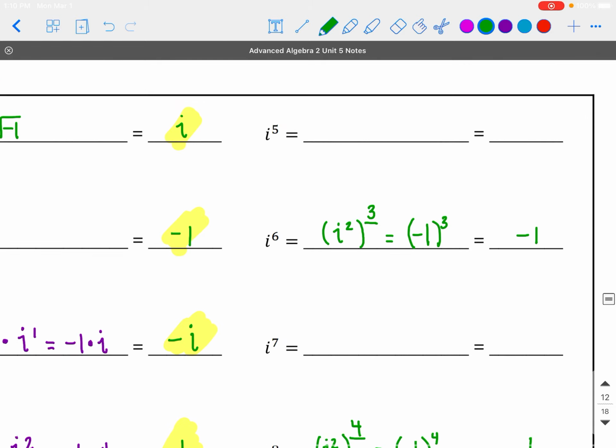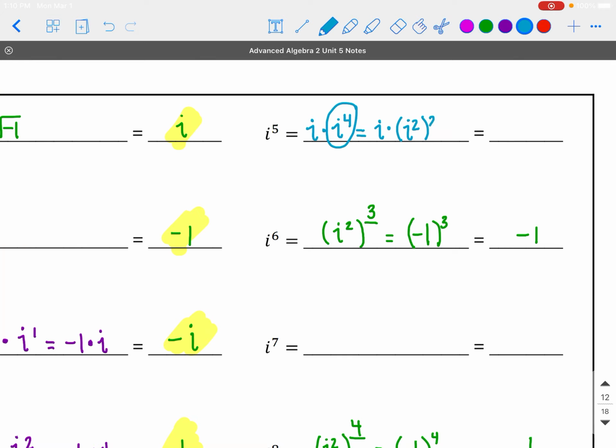Now, if it's an odd exponent, you can't really do that, because I can't take 2 times some number to give me 5. But what I can do is take out one of the i's, leaving me with i to the fourth. Okay, so that's i. Now we have the even exponent.